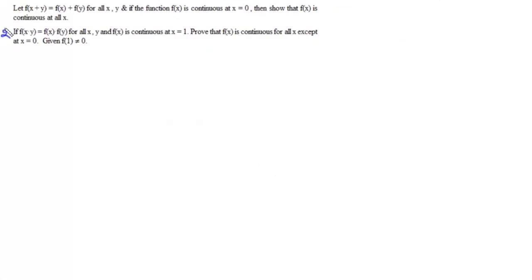Now we'll solve this second question, which is: if f(x into y) is f(x) into f(y) for all x, y and f(x) is continuous at 1, then prove that f(x) is continuous for all x except x equals 0. And we are given that f(1) is unequal to 0.